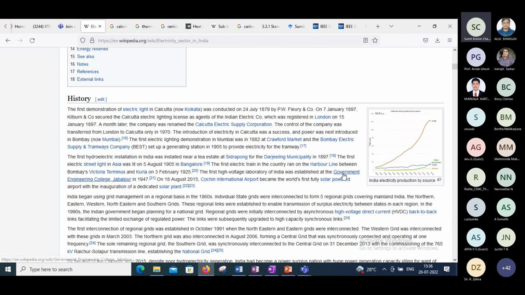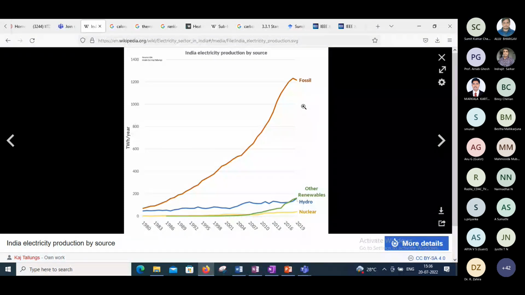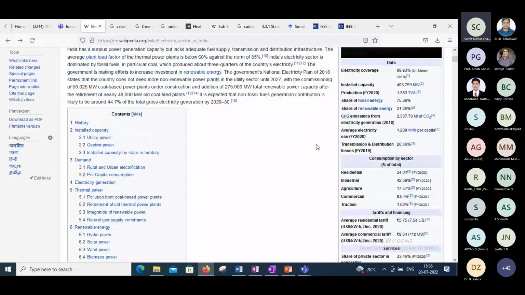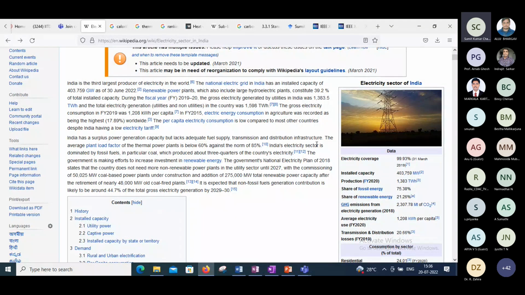However, the total share of electricity generation based on fossil fuel is as high as a minimum of 75%. So the fuel for electricity is mostly fossil fuel in the Indian context as of now. If you talk about efficiency, this is one slide which is giving the scenario.